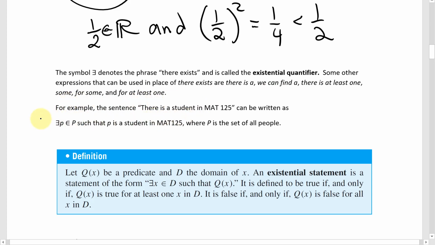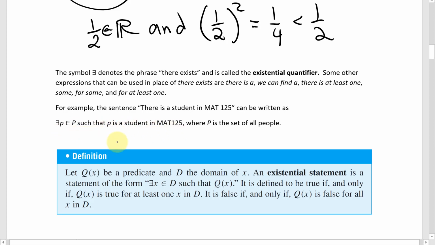Some examples of that in English, we could say the sentence there is a student in MA125. That's actually true, and it could be written a little more formally as there exists P element of capital P such that P is a student in 125.